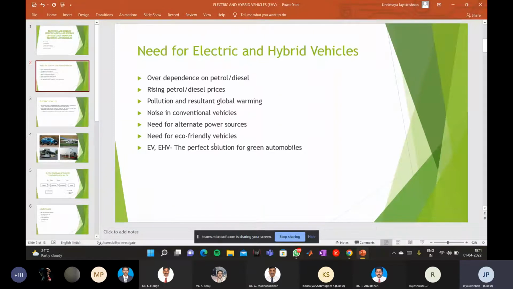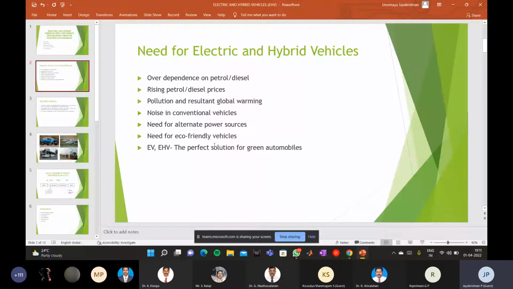Then is the need for alternative power. As already told in the first webinar, we have to switch over to non-conventional energy sources. As an approximation, out of India's total requirement, almost 12 to 15% is met from non-conventional sources, and the balance is from petroleum products.